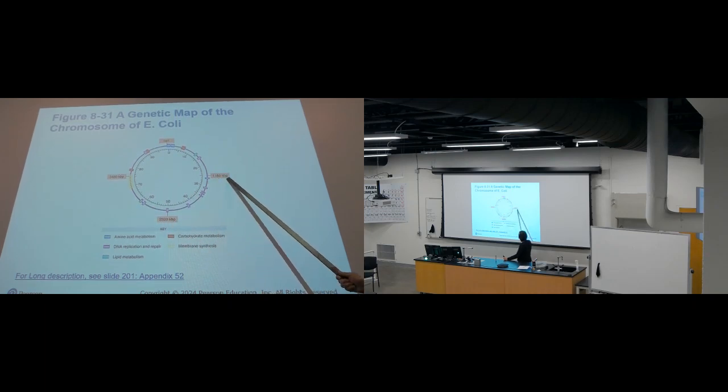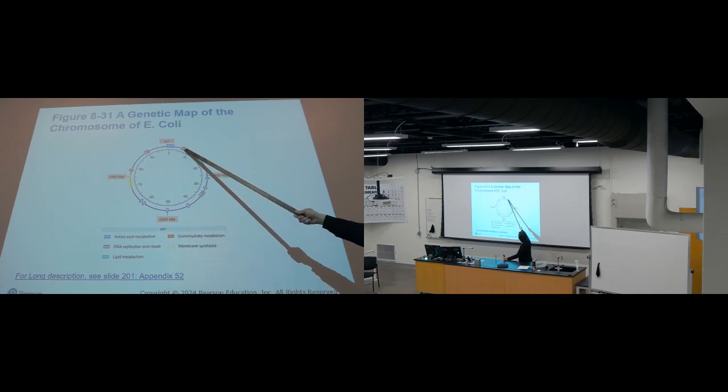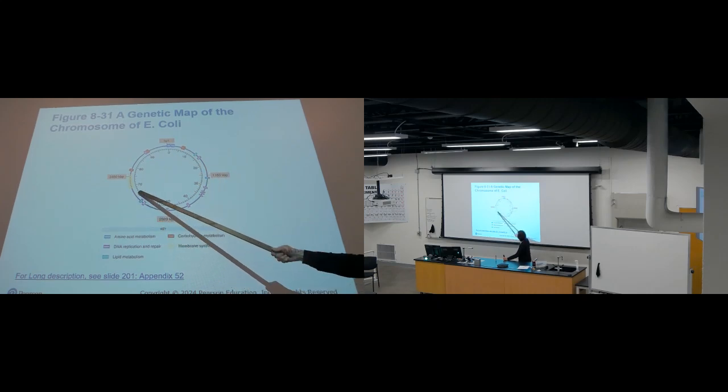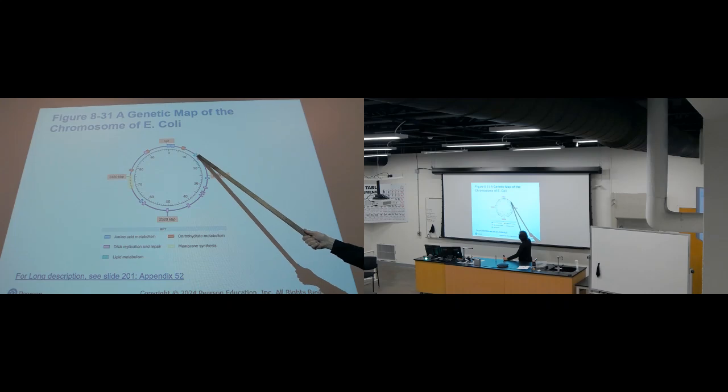And then you have outside boxes that tells you more about the specific address of where these genes are located. So we have carbohydrate metabolism in here with these red boxes, membrane synthesis here, and then lipid metabolism here.